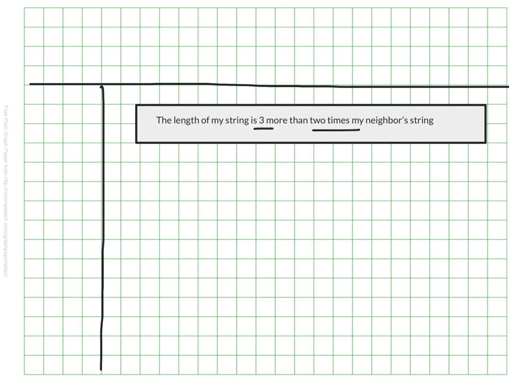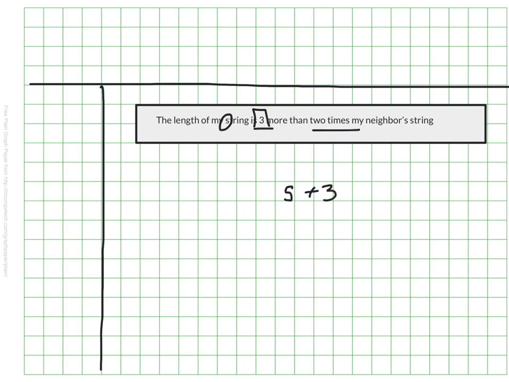So I'm going to think about a way to express this with an algebraic expression. And since we're talking about string, that's going to guide me with my variable. I'm going to use the letter S. And I know that whatever my neighbor's string is, I have to add 3 to that. Right?